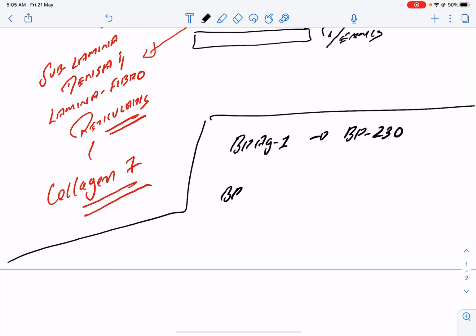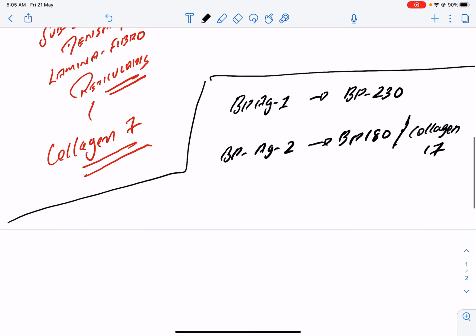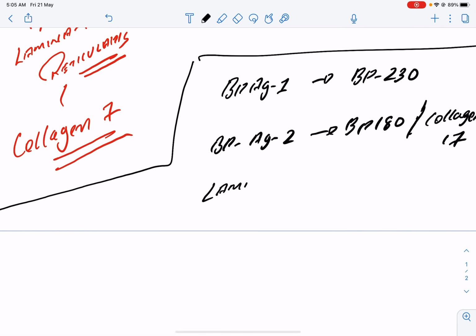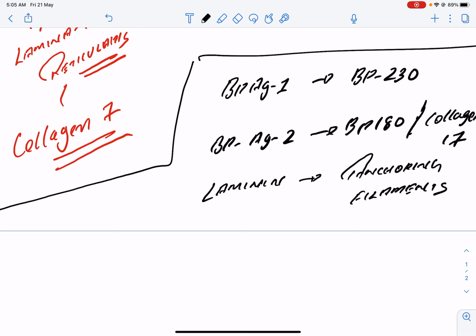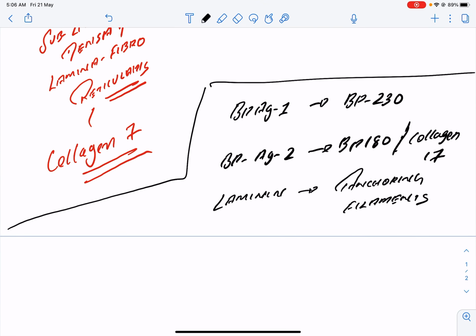Then BPAG2 is also called BP180, or collagen 17. Laminin is also called anchoring filaments.